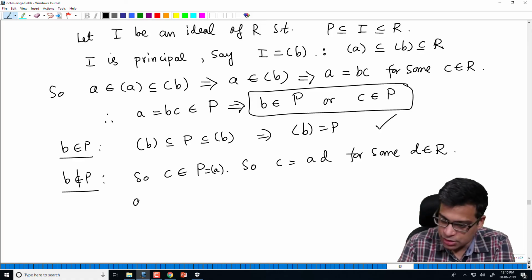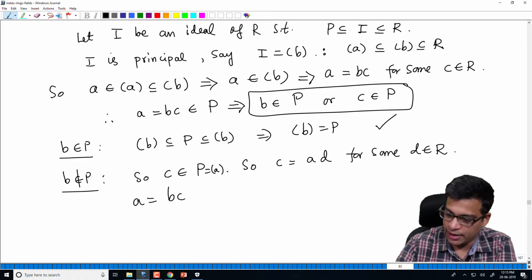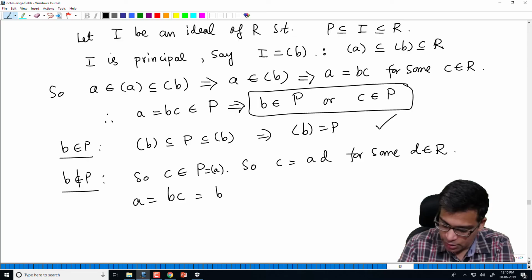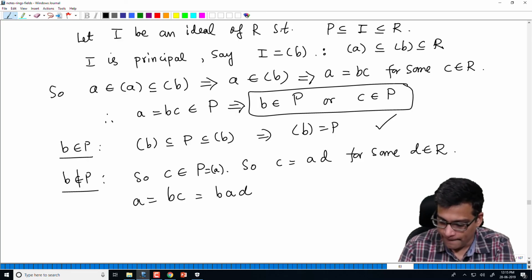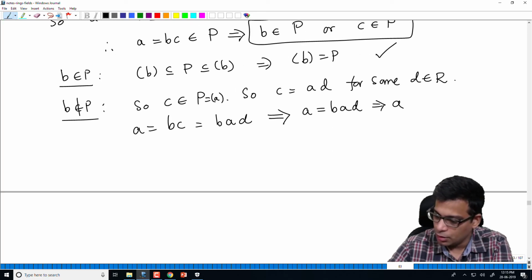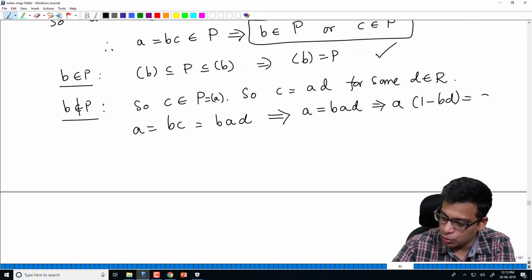But now let's start with this earlier equation. A is equal to BC. So A is equal to BC, but C we just observed is AD. So this is BAD. That means A is equal to BAD. That means A times (1 minus BD) is equal to 0.